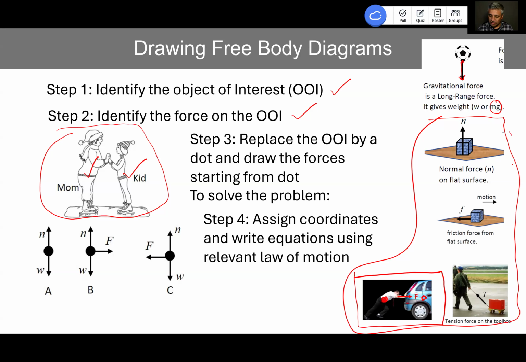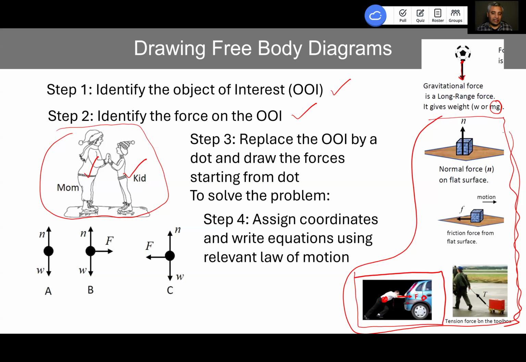So all these come from the contact of some sort. Okay. So look one by one, cycle through your head. Is normal force acting? Is friction force acting? Is tension force acting? Is there some sort of applied force? Okay, cycle through all these contact forces, and whichever you think are acting there, draw them.